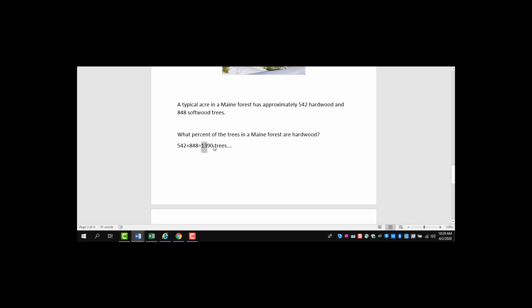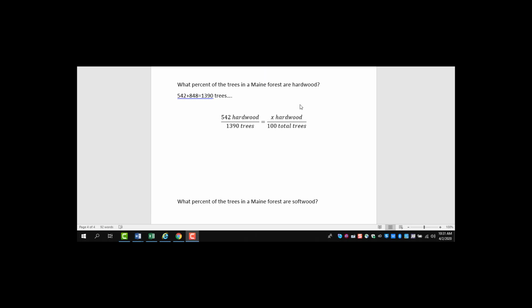So now I have a total here. And now I can establish a ratio per 100. So there's the math. Now I got 1390 trees. I can go hardwoods to trees equals some amount of hardwoods to 100 trees. So I'm just rescaling this. These two ratios will be the same.